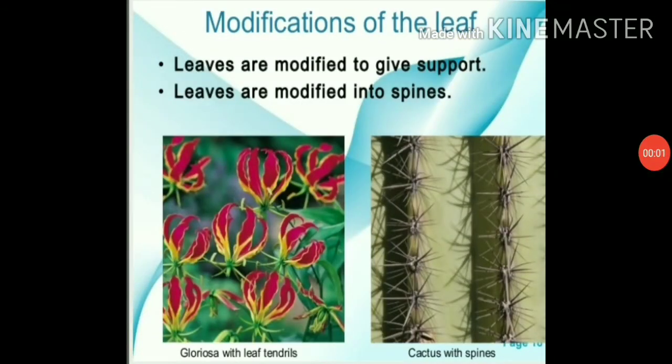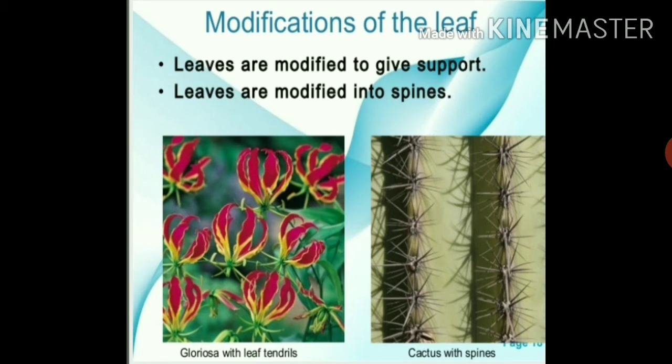So students, let's talk about the modifications of the leaf. So students, you know that roots slightly change their structure and function. These changes are known as modifications. Okay. So let's talk about leaf modification. Leaves of some plants are modified to form special structures called tendrils. Tendrils help the plant to attach themselves to a support.